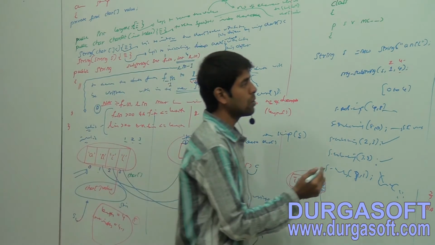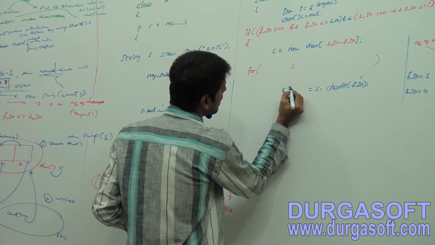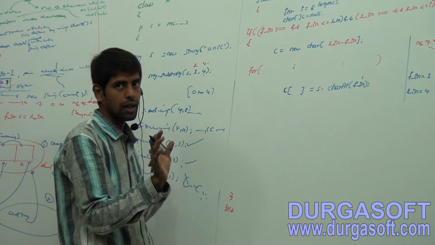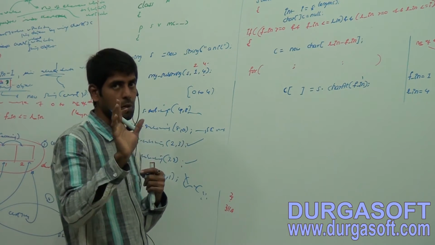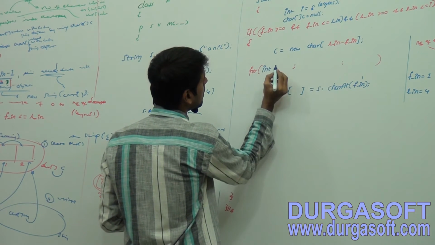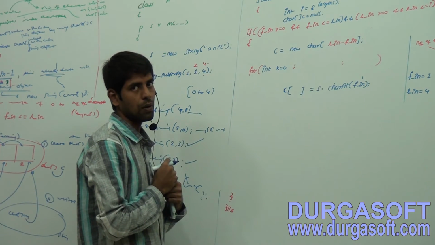So please put the assignment operator, and now let it be c of, now I want to put 0. Let me take a variable. Now please observe. Let me declare a variable int k equals 0. Okay, we can declare.